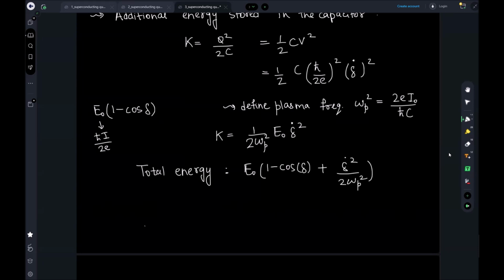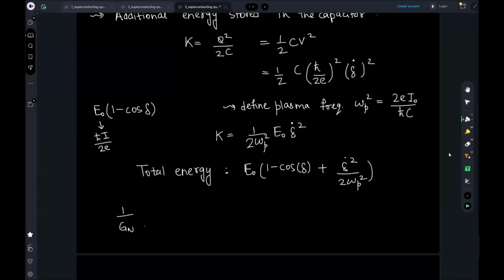And I want you to note one thing, that this energy expression is valid only if we take the resistance, that is 1 over Gn, to be quite small. So it should be sufficiently small so that almost no energy is lost as heat. So this expression is only valid when the resistance is very small.